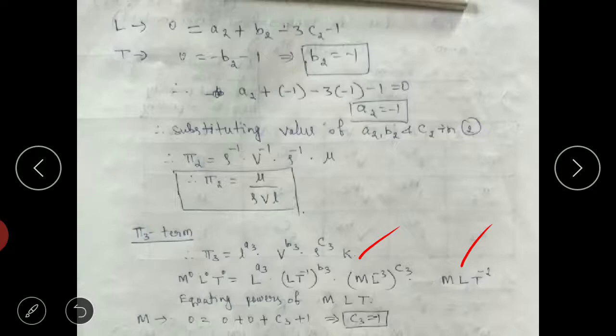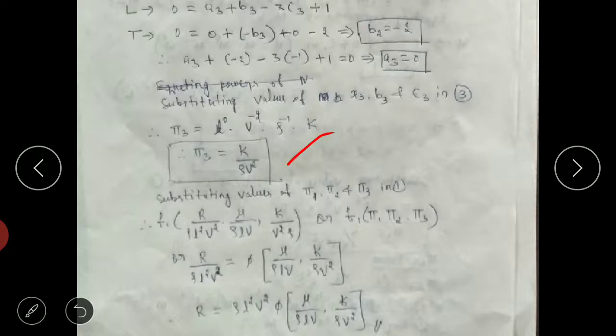For l, it is just l raised to a3. I hope you can do the simplification very easily. Then in the next step, you have to equate the powers of m, l, t. On equating and solving, we get the values of a3, b3, c3, and substitute these values in equation number 3. On solving, we get the pi 3 term.